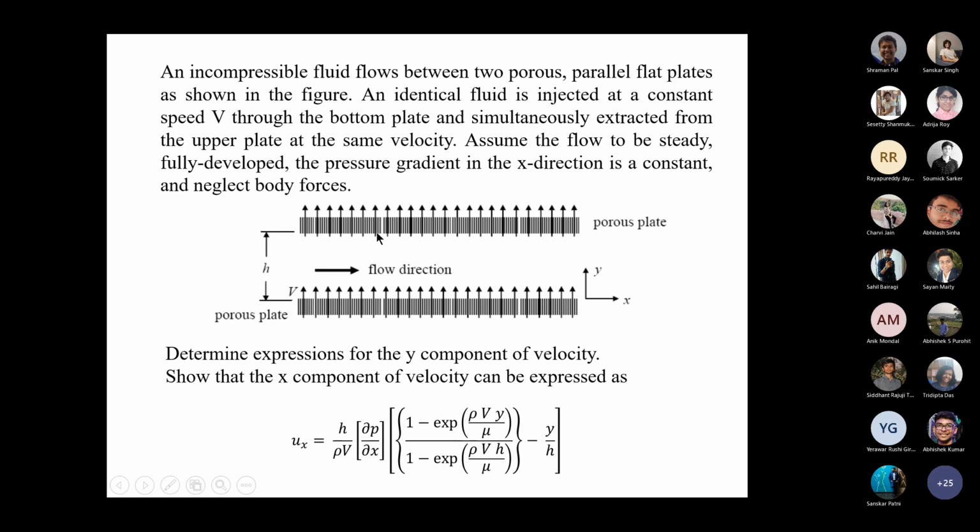This velocity is known as cross flow velocity, and in the principle of membrane separation, this kind of cross flow is introduced to disturb the formation of the boundary layer. This is called cross flow ultrafiltration or cross flow reverse osmosis, where the purpose of this flow is to disturb the rejected layer of solutes which tend to develop on the surface, thereby clogging the pores of the porous plate.